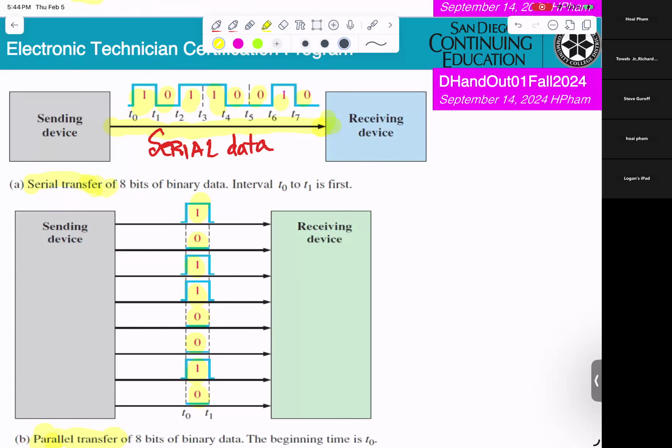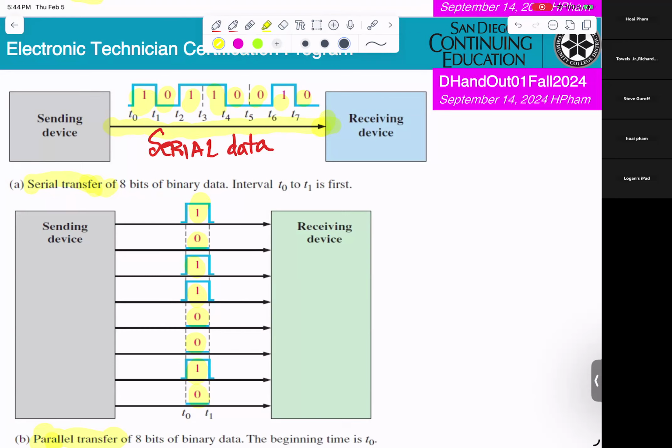They cannot do anything with serial data. Anything inside a computer or microcontroller just works with parallel data, it cannot be serial. Okay?